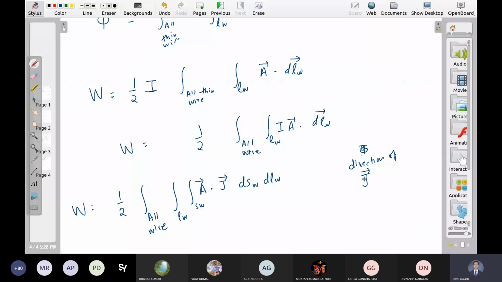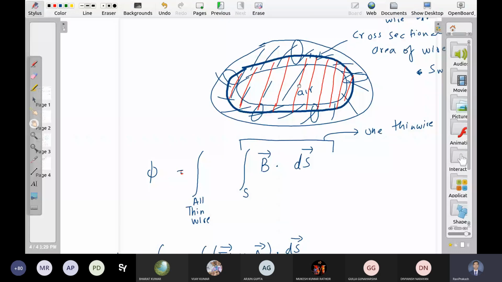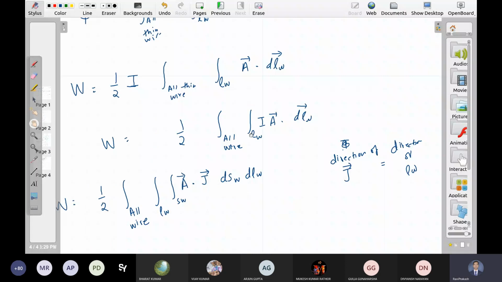It is equal to the direction of LW, right? Yes sir. So I remove the vector from here and put it on J, and J into ds is current. So J into ds, and integral over SW. If you integrate over its thickness, you will get the complete thick wire. All right. So this is what.